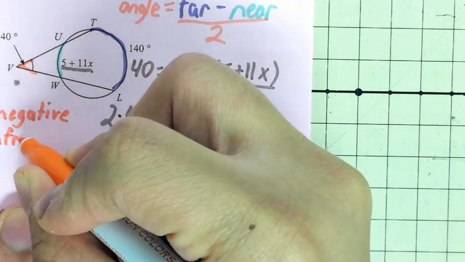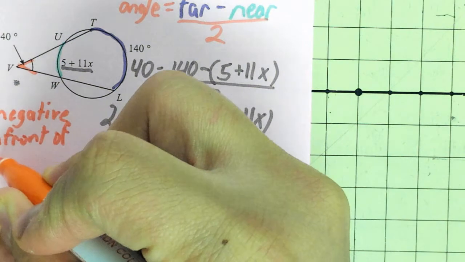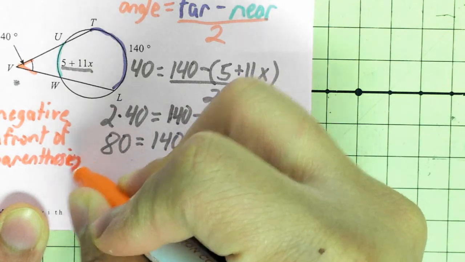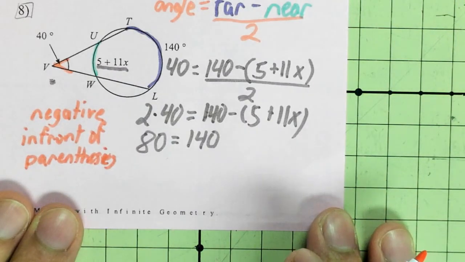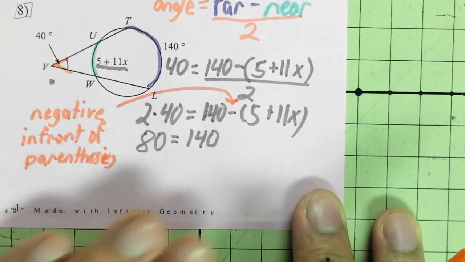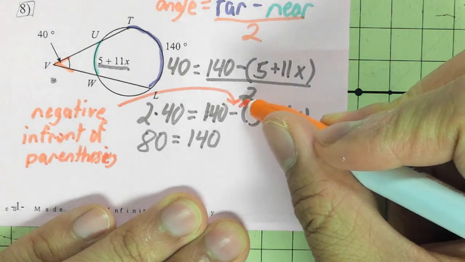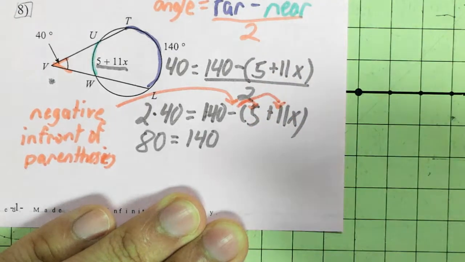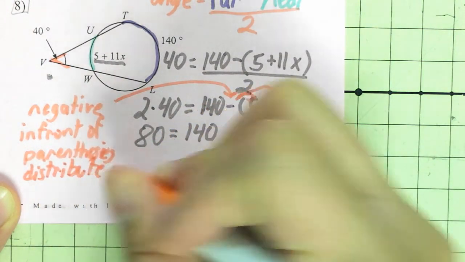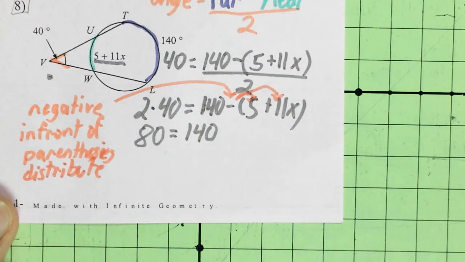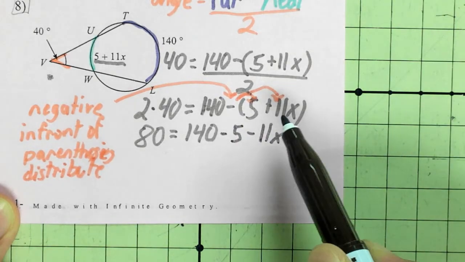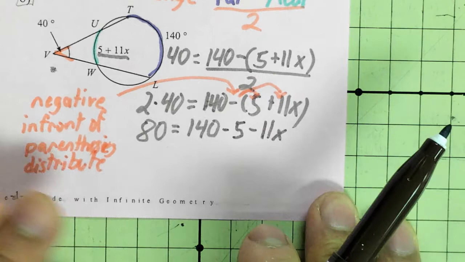Negative in front of our parentheses. What this means is that negative sign has to distribute. We distribute. So what we're going to have is minus 5x minus 11. So that plus 11 turned into a minus. Be careful about that.